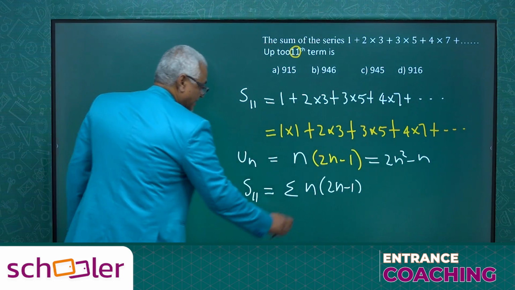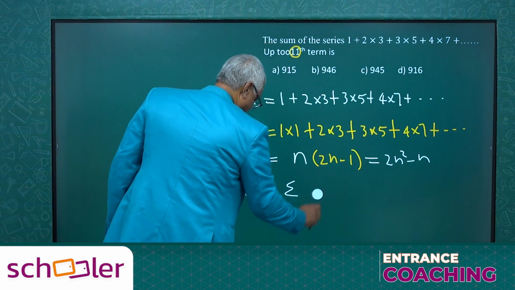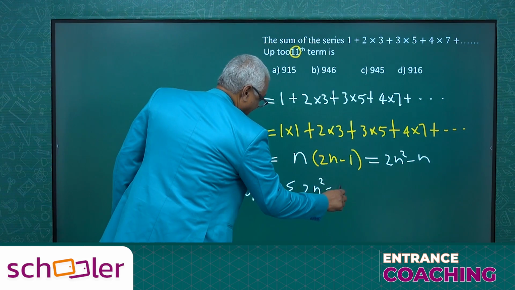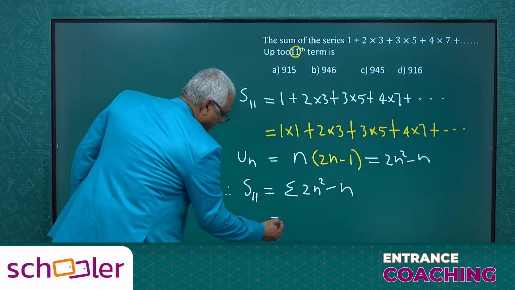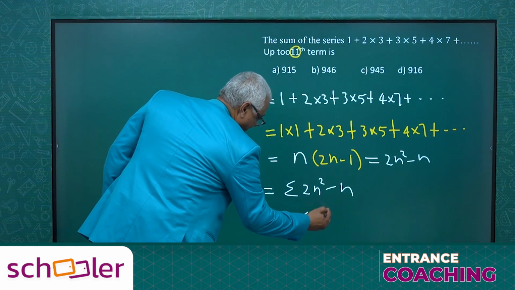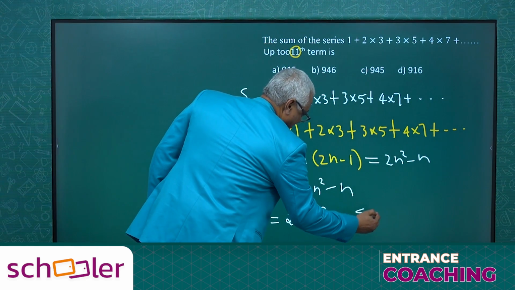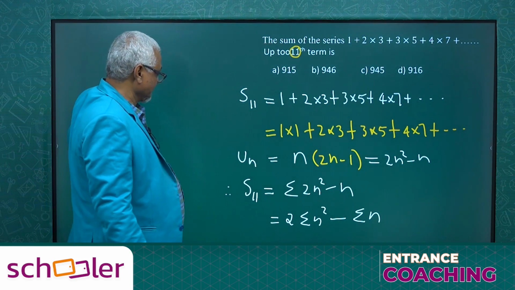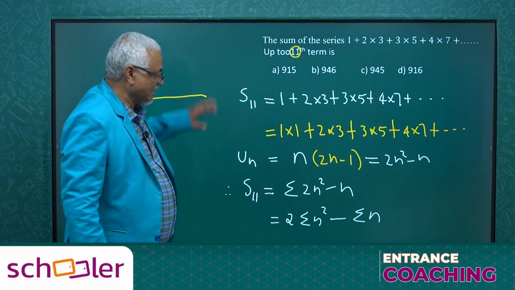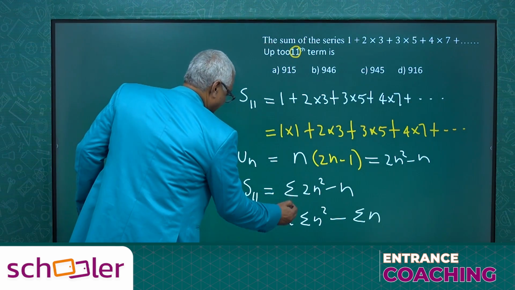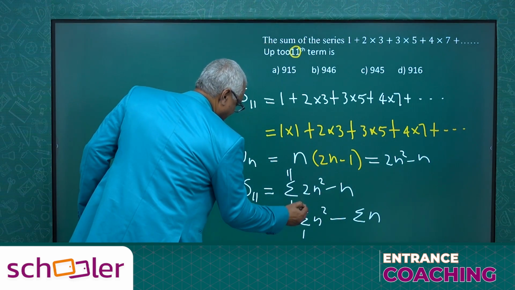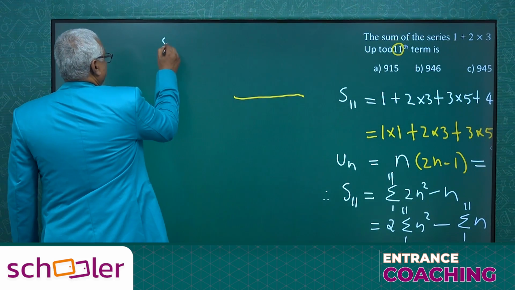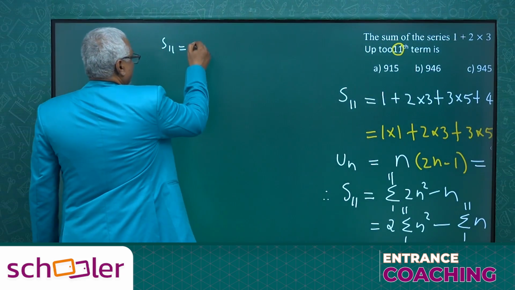So, you need to write that here. This is 2n square minus n. Use the property of sigma. So, you will get 2 times sigma n square minus sigma n. That 2 is only for the first term. Now, keep in mind that the summation is 1 to 11 terms only. So, S11 is equal to 2 into, what is the formula?